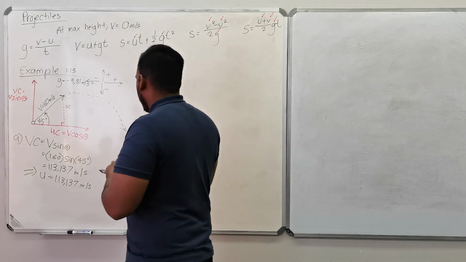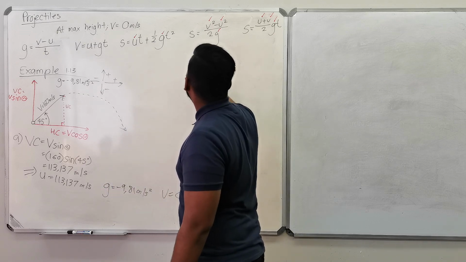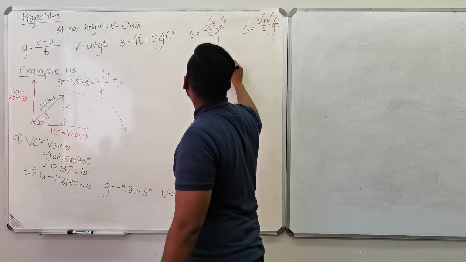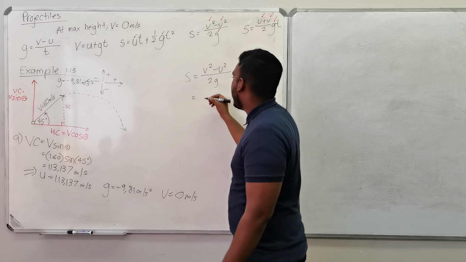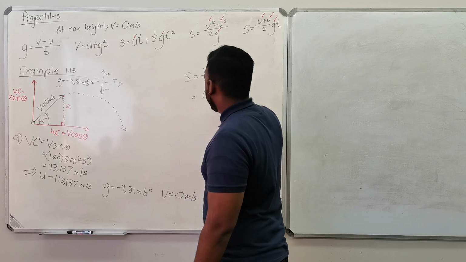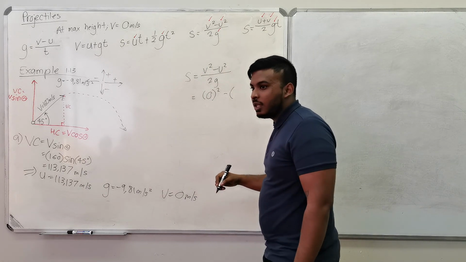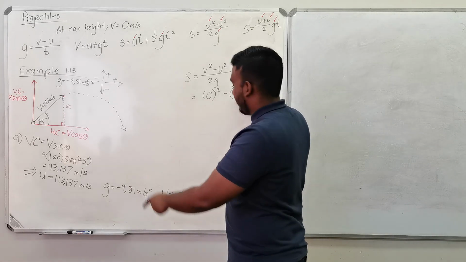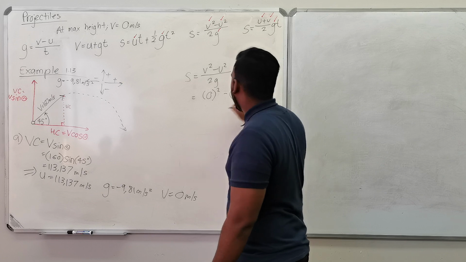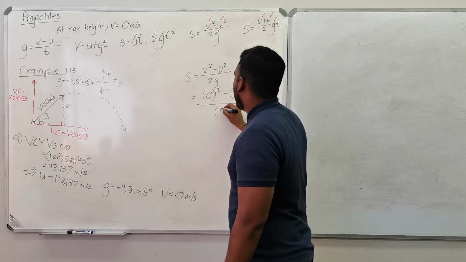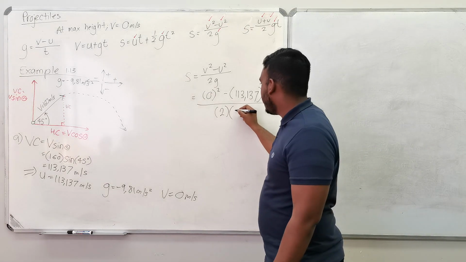So S is equal to V squared minus U squared all over 2 times gravity. Your final velocity is 0, minus your initial velocity, 113.137, all squared, divided by 2 times minus 9.81.